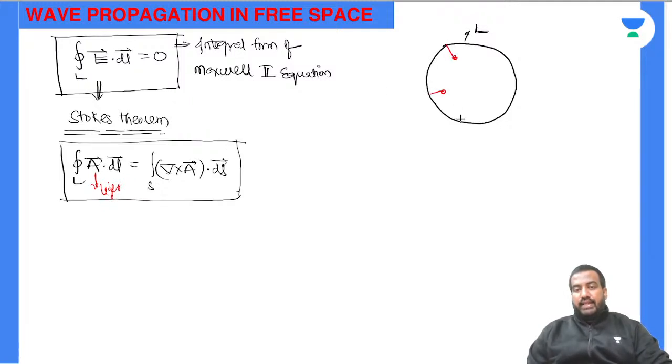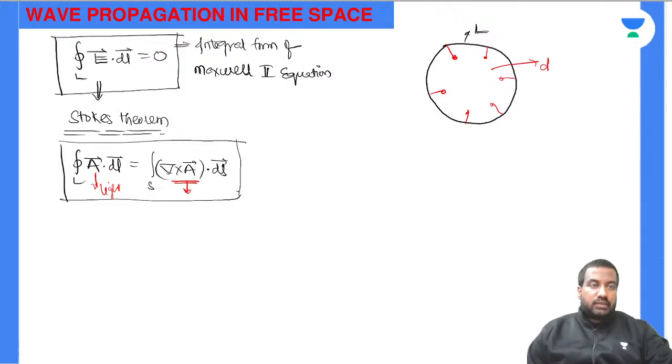The amount of light that is kept on the loop is equal to the amount of light that is circulated, del cross A, curl, oriented in this particular surface area enclosed by the loop. This surface area, small area is ds.